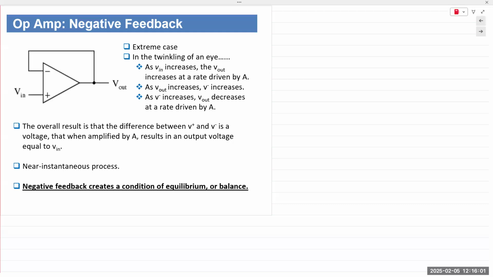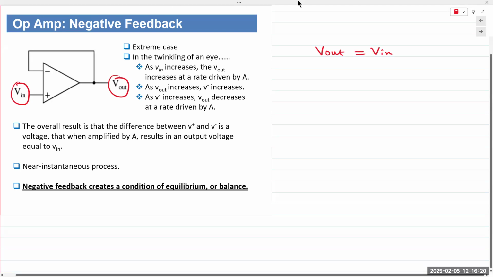What happens? Well, when you provide negative feedback directly from the output, V in and V out are exactly the same.